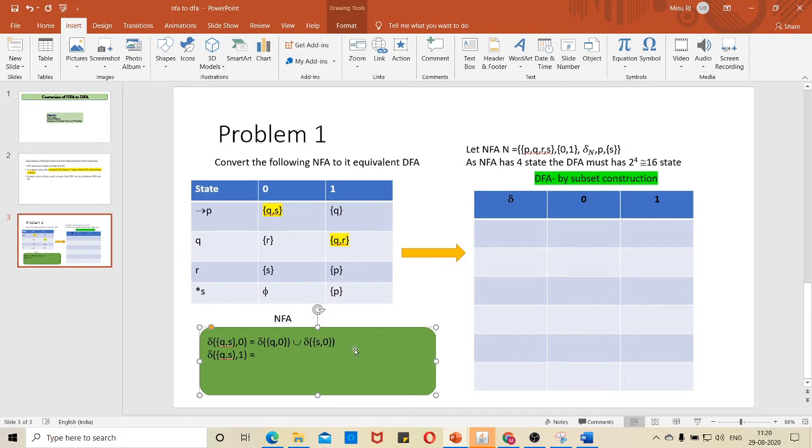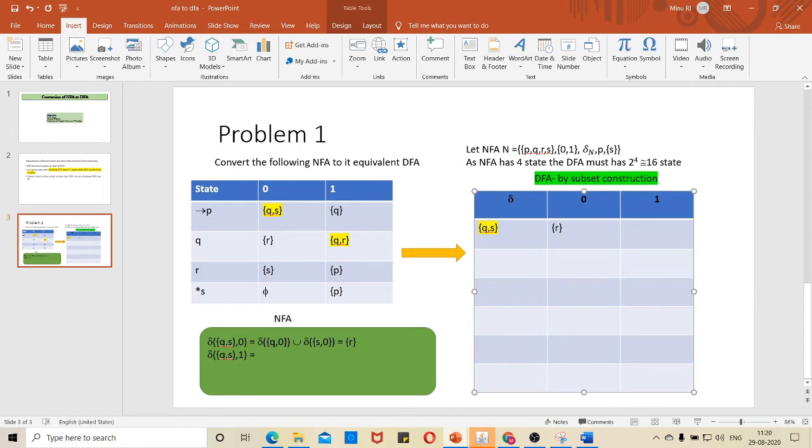In state Q, when the input is 0, it goes to R, so that would be R. And in state S, if my input is 0, it is simply phi, so that need not be included. So simply it is R. This is my new state which I got from here, so I am just copying it over here. For this new state, when the input is 0, it goes to simply R.